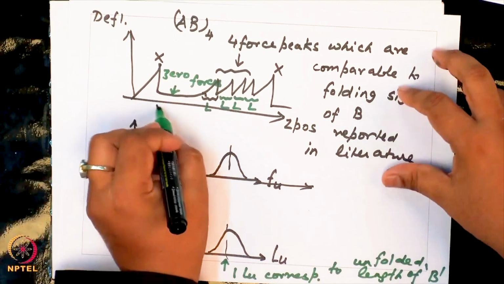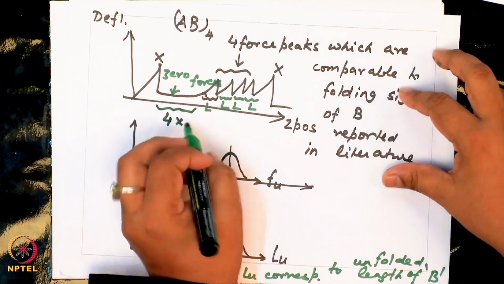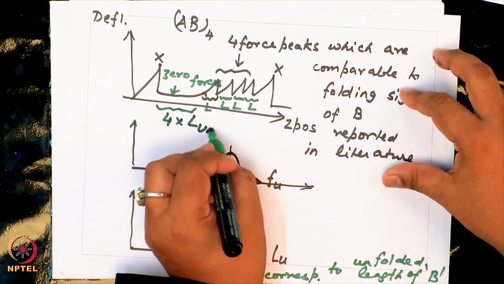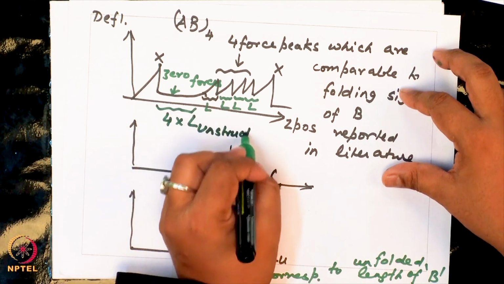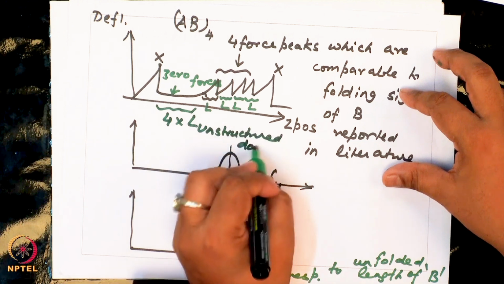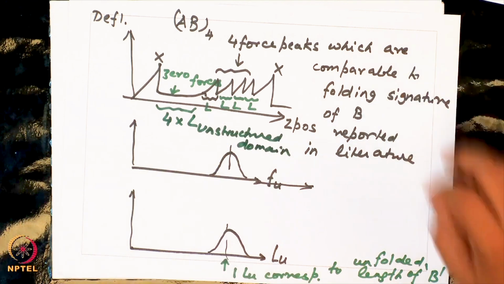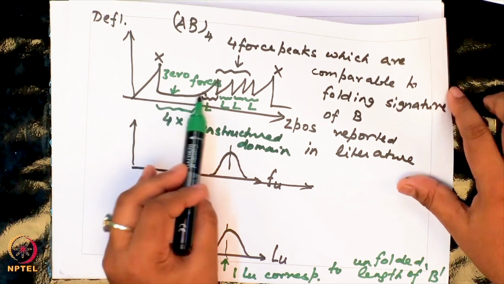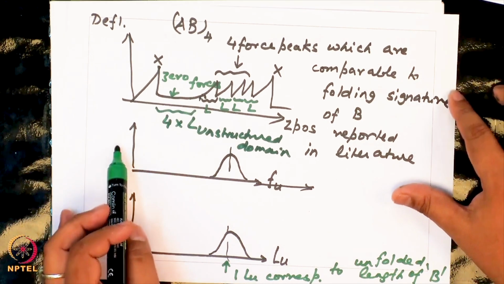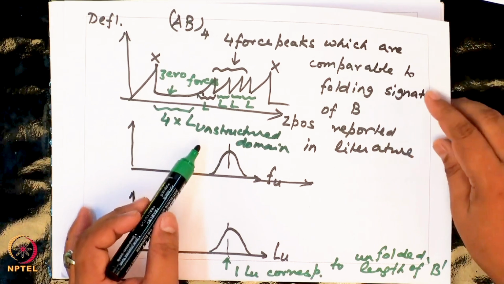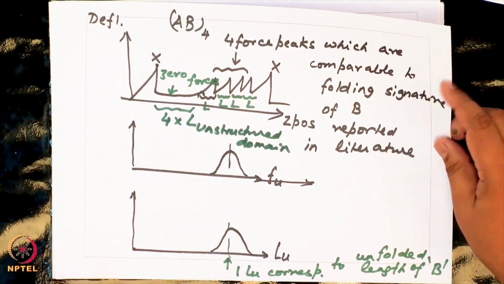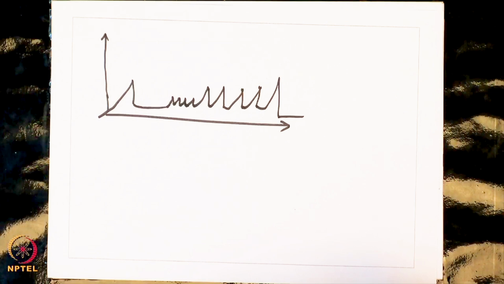This length corresponds to 4 times the length of an unstructured domain. So, this long gap of almost 0 force is nothing but 4 times the length of one unstructured domain of A. So, this is one possible case where you have a domain A which does not have a structure per se. Now, let us take another case.